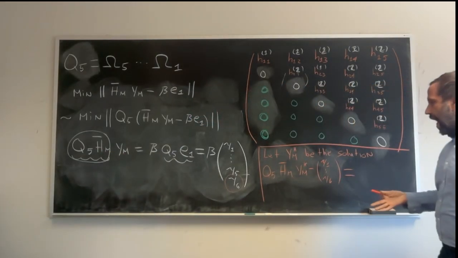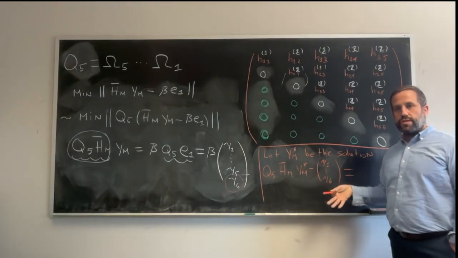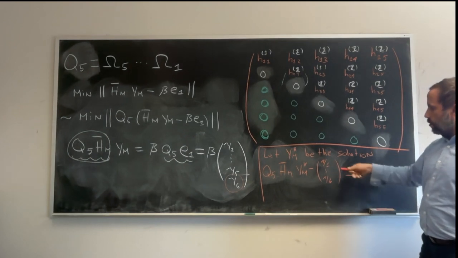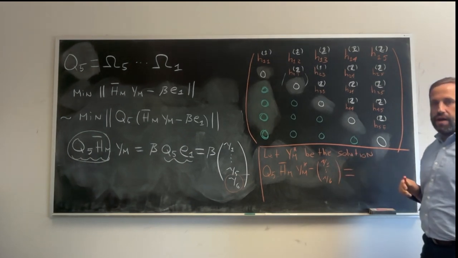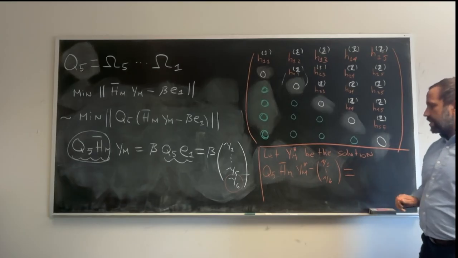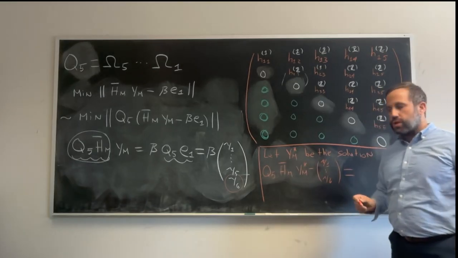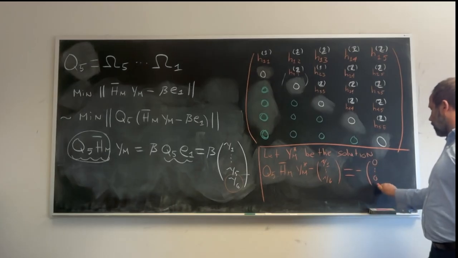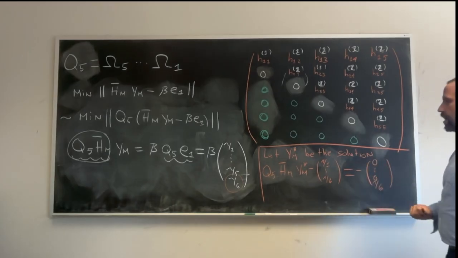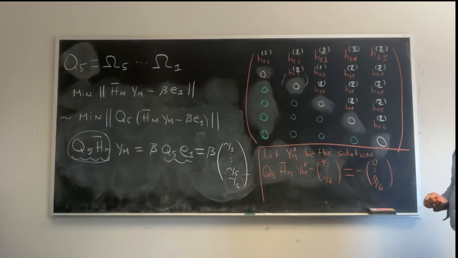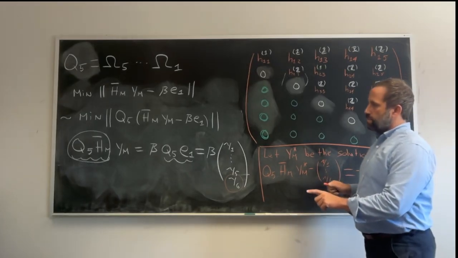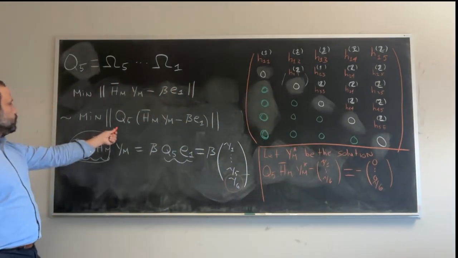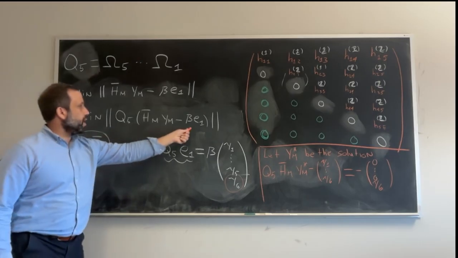If ym star is a solution to that, by definition, this matrix times ym star is going to equal this gamma vector, gamma 1 down to gamma 5. Okay, now what about the last entry? Well, the last row of this matrix is zeros, so this is just going to be equal to 0 all the way down to 0 with gamma 6. Okay, but notice where this comes from. If we come back over here, we're going to have Q5 times this right here.